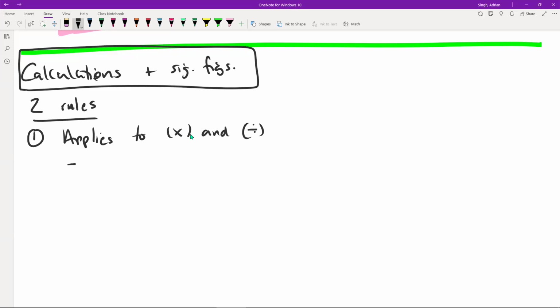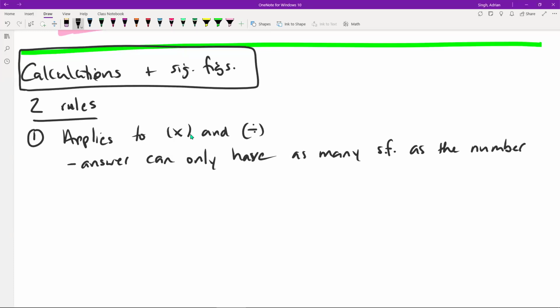The rule says that when you multiply and/or divide numbers, the answer only has as many significant figures, I'll abbreviate that as SF, as the number with the least number of significant figures.